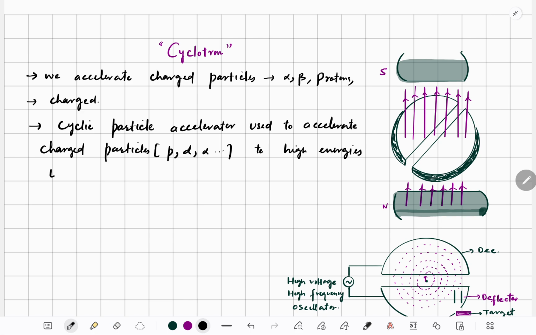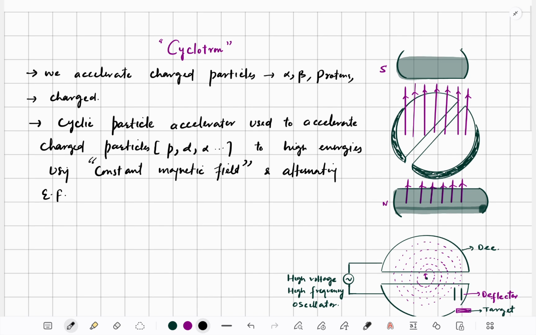And what are we using? We're using a constant magnetic field and an alternating electric field in the cyclotron. We'll try to understand the whole physics behind it, and it's a very easy topic, not a big deal.